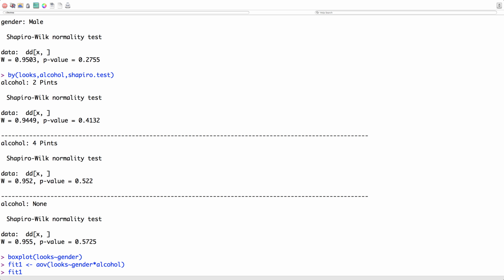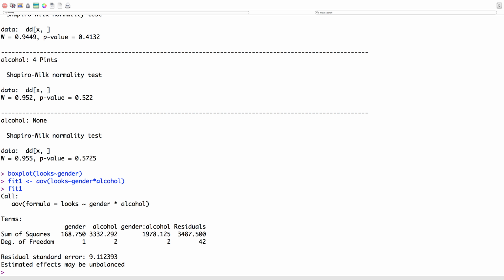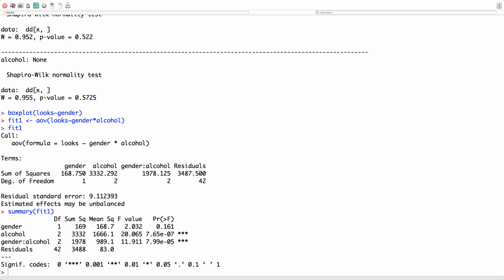If you just type fit 1, you get some good enough stuff. I mean, the thing I like there is it gives you degrees of freedom nicely. But I'm going to want to try to get the ANOVA table. So I'm going to do summary fit 1. And I get my p-values and F statistics and so on and so forth.